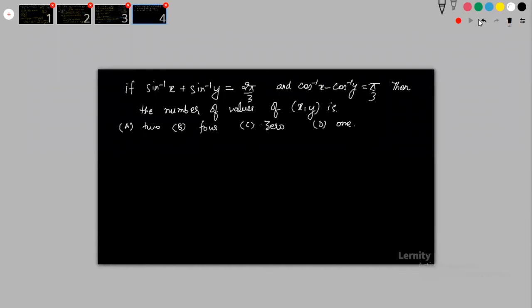Okay, these two conditions are given. Then you have to find the number of values of x comma y. Okay, find the answer.